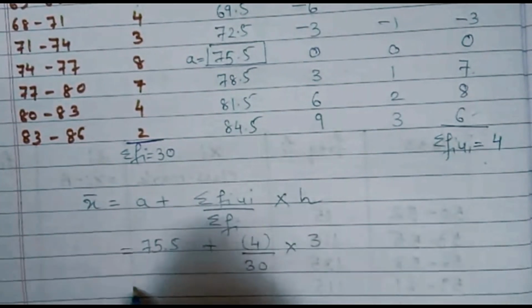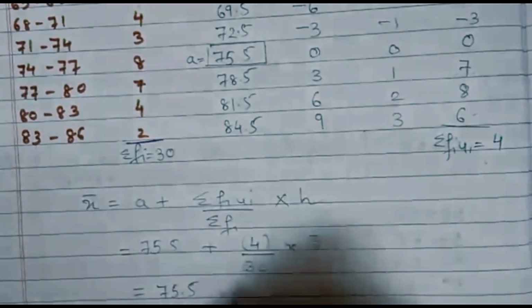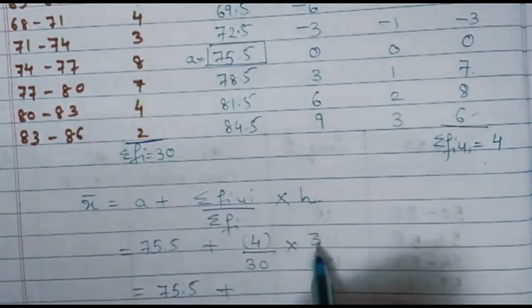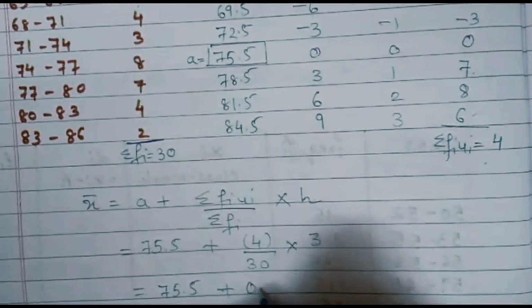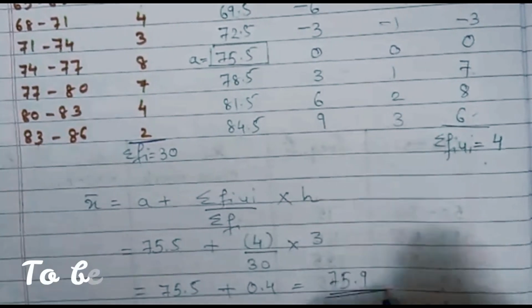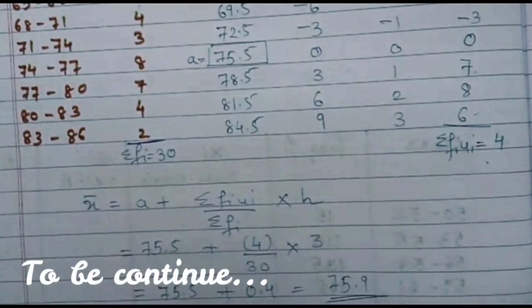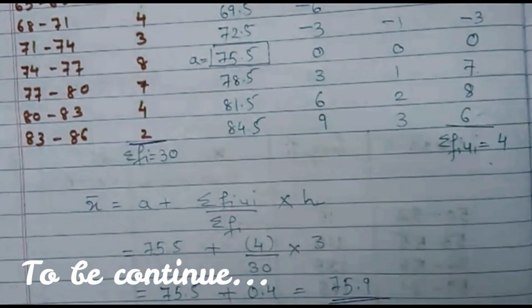So in all you will get this as 75.5, simple calculation, 3 into 10, 4 upon 10 will be 0.4. So the final answer will be 75.9. So we suggest this is the simplest method to find out the value of mean.